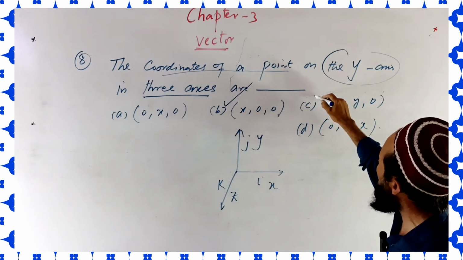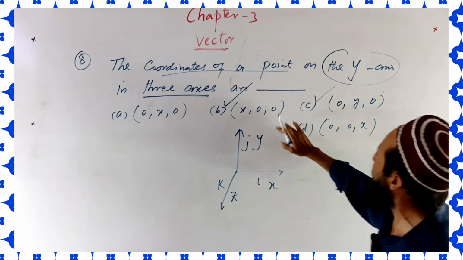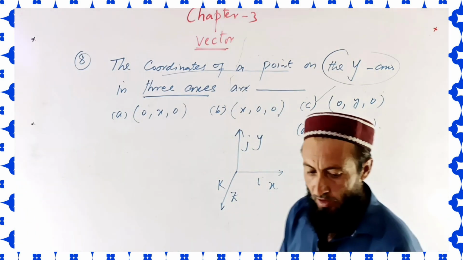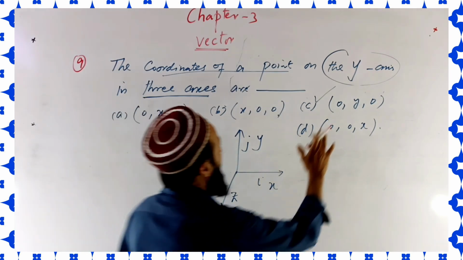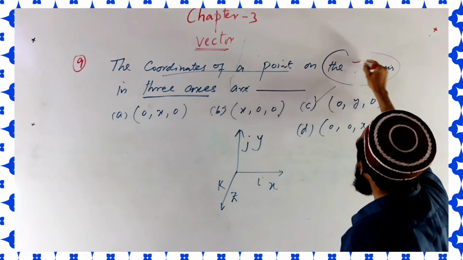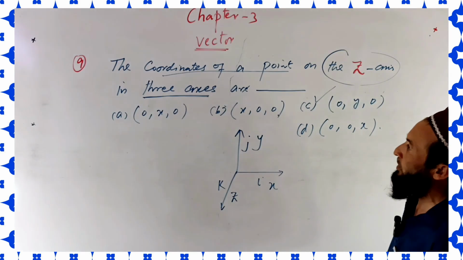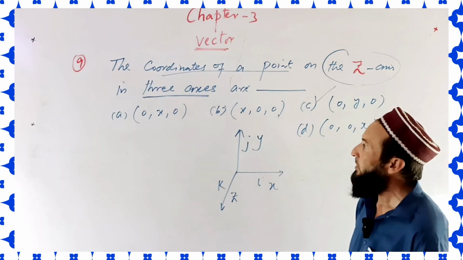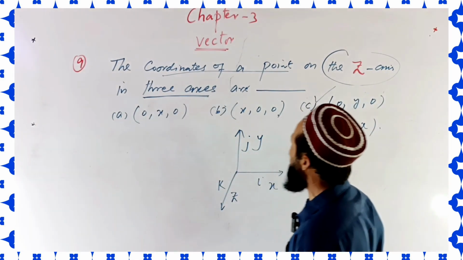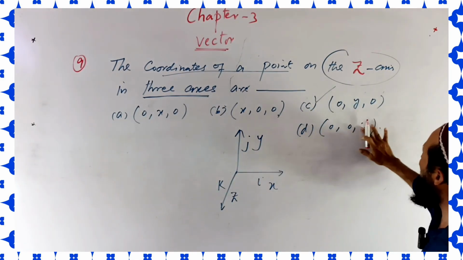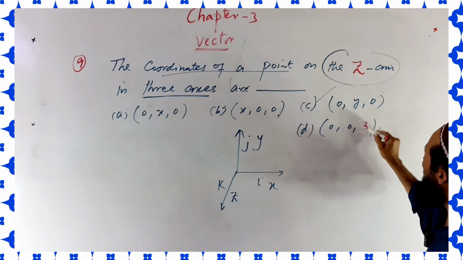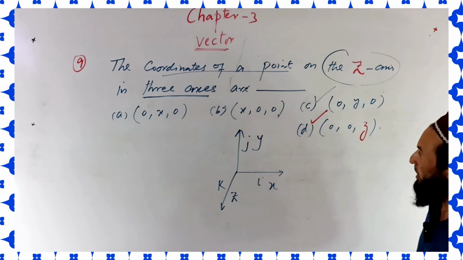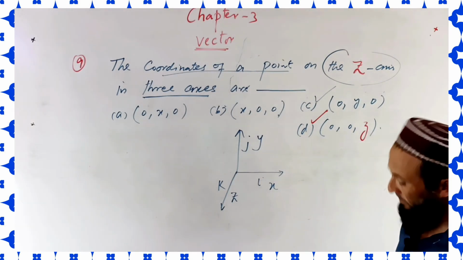So in this situation, the correct answer will be C. C is the correct answer. And in the same MCQ, if we change to the coordinates of a point on the z-axis in the three-dimensional axes, then we write z, and D is the correct answer in this situation.